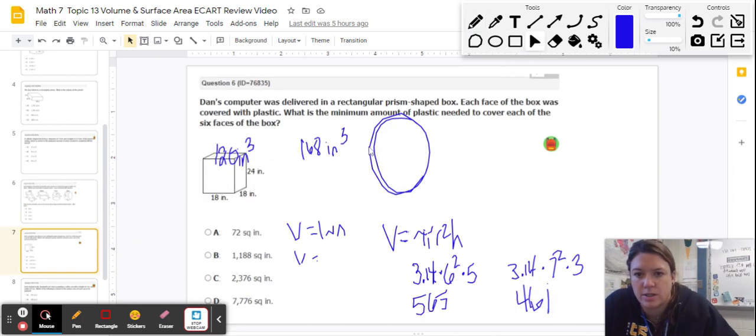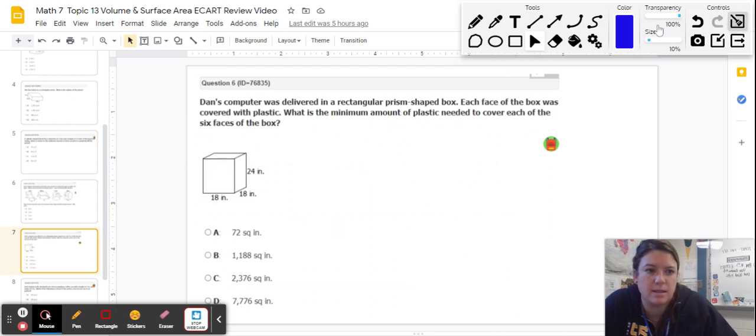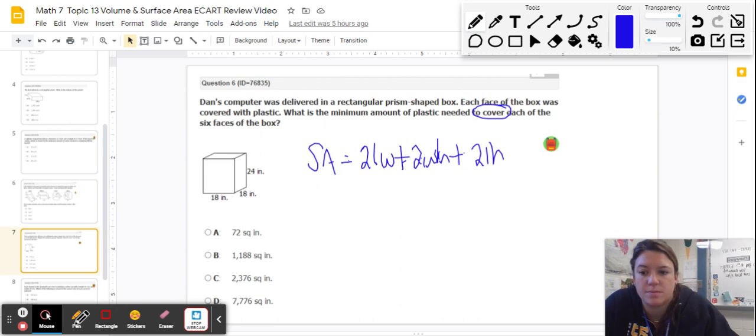All right, question 6. Rectangular prism, and what's the minimum amount of plastic needed to cover, which means I'm finding surface area. So on your formula sheet, you're doing this formula, 2 times length times width, plus 2 times width times height, plus 2 times length times height. All right, and then second row is plugging in these 3 numbers.